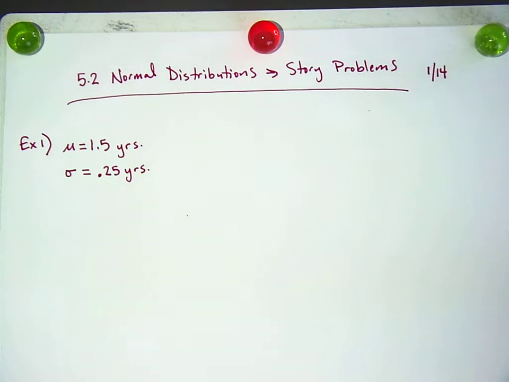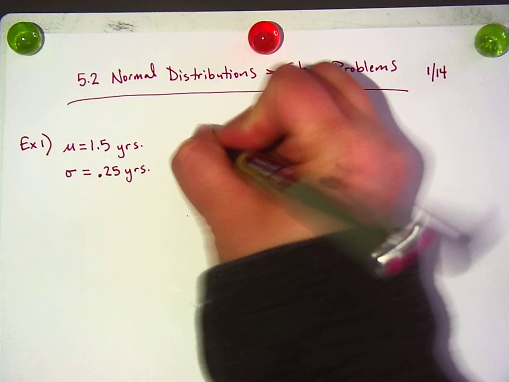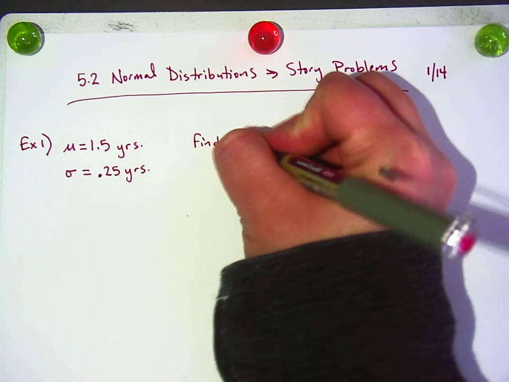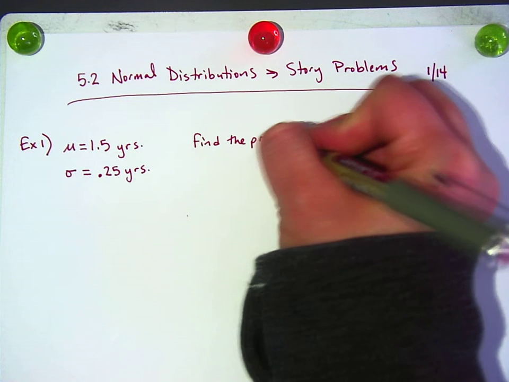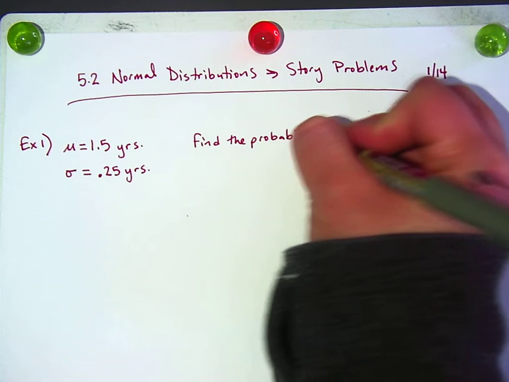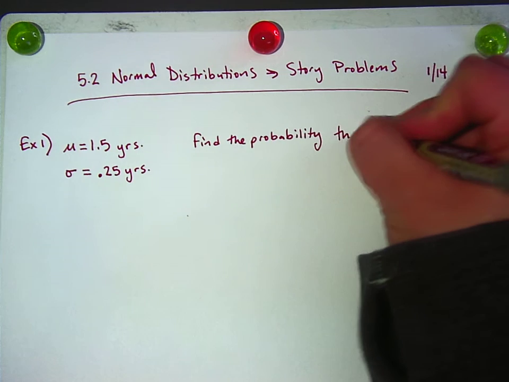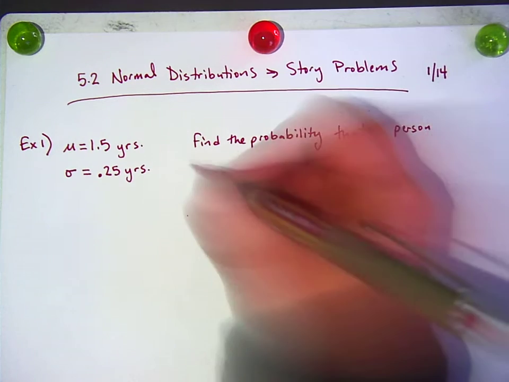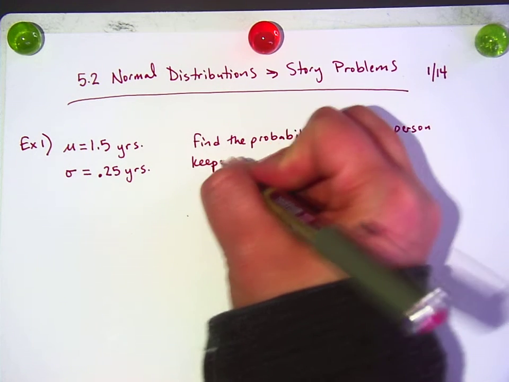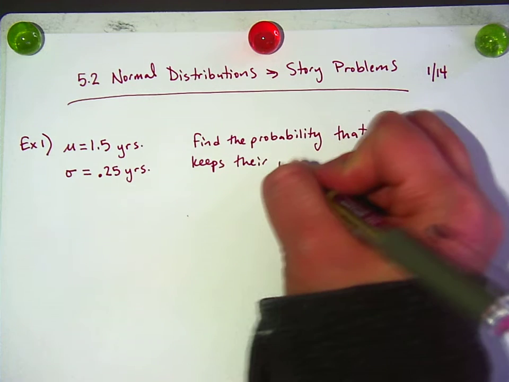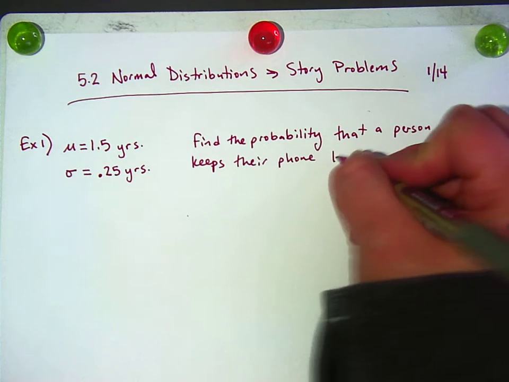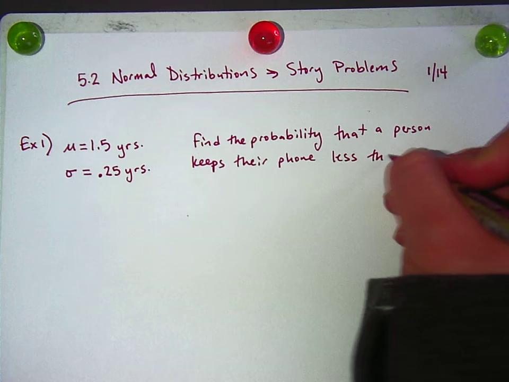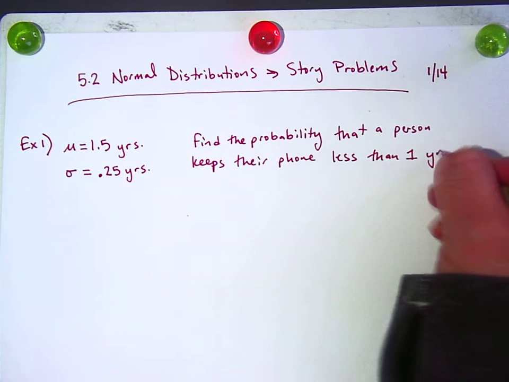All right, so now we're going to answer the actual story problem question. It says, find the probability that a person keeps their phone less than 1 year.